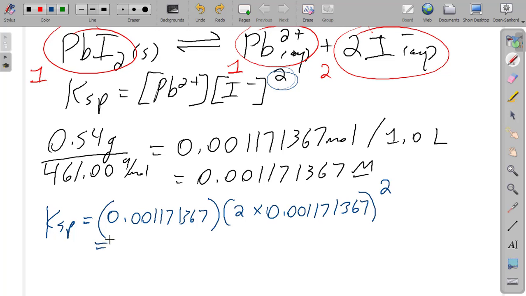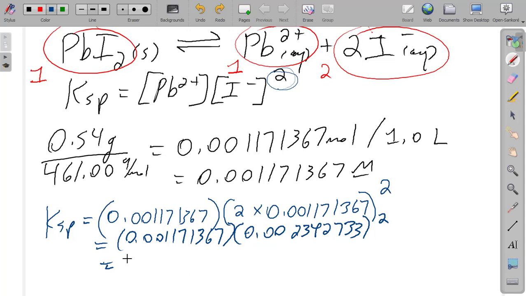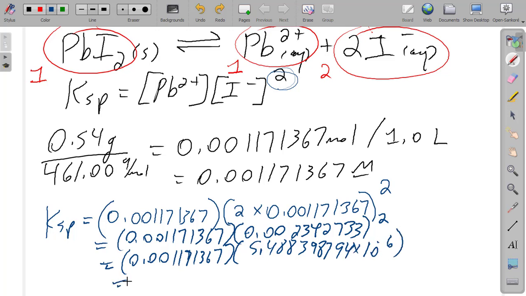And so what we end up with then is 0.001171367 times 0.002342733 squared equals 0.001171367 times that squared value, which is 5.483398794 times 10 to the minus 6th, which, again now gives us a raw answer of 6.428929230 times 10 to the minus 9th.